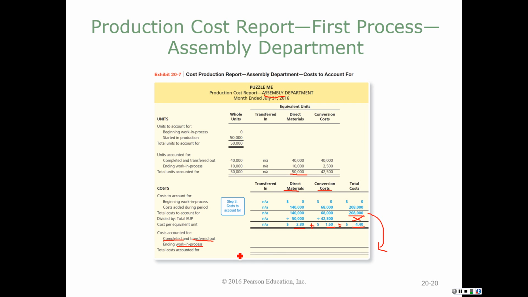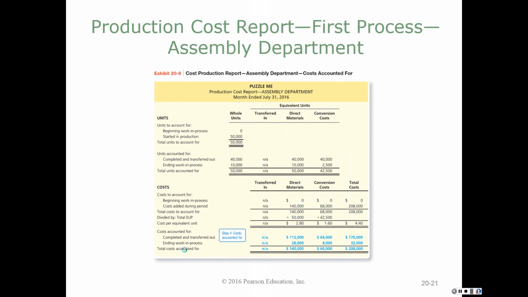What am I going to do with these numbers now? I have to determine what costs get transferred out of the assembly department to the next department when they're completed, and what costs stay in the assembly department while they are still in work in process. And this is what happens in the next slide.